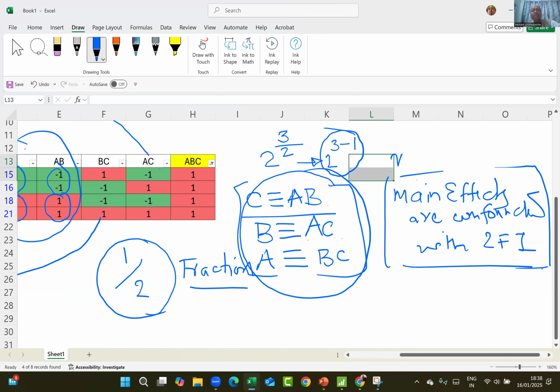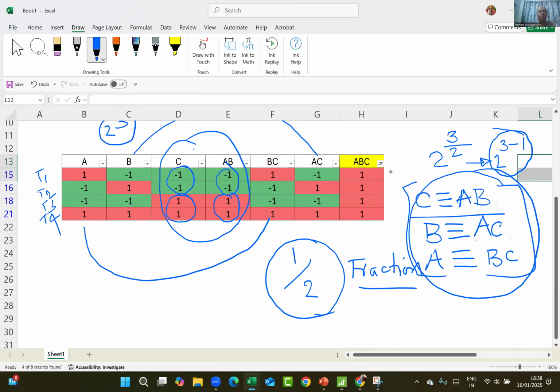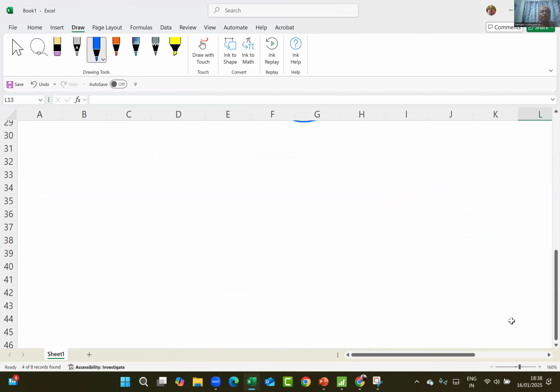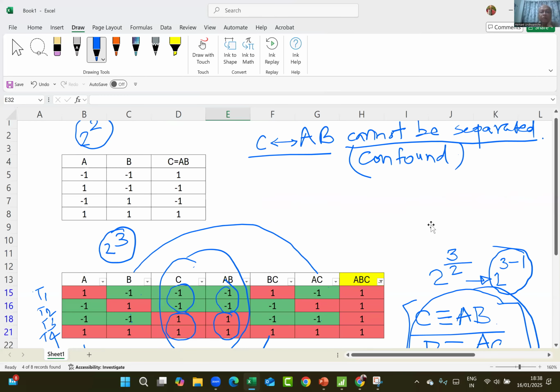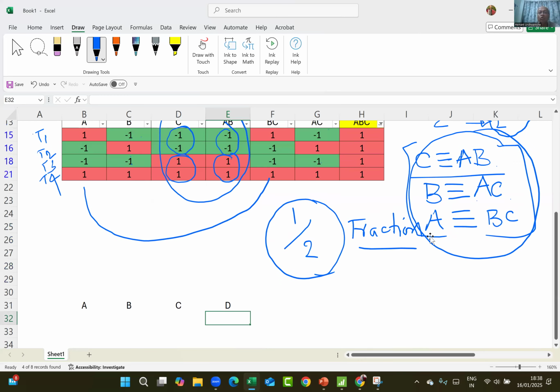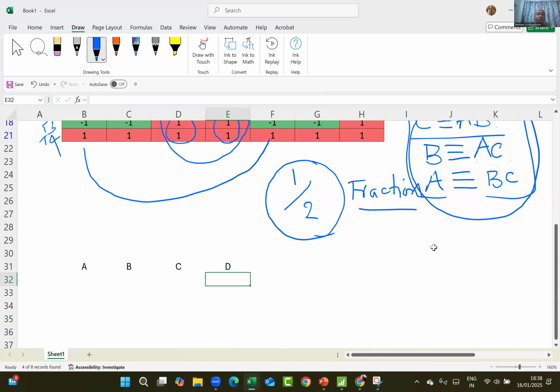Now I can extend this idea further. Let us say I add a fourth factor here, so I make it ABCD now: A, B, C, D, and I can go on increasing. It will become more and more complicated because I will have to omit ABCD effects and ABC effects.